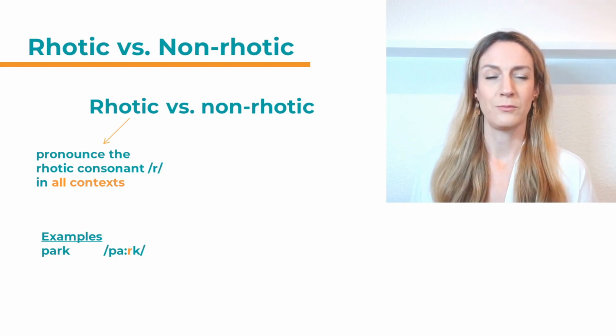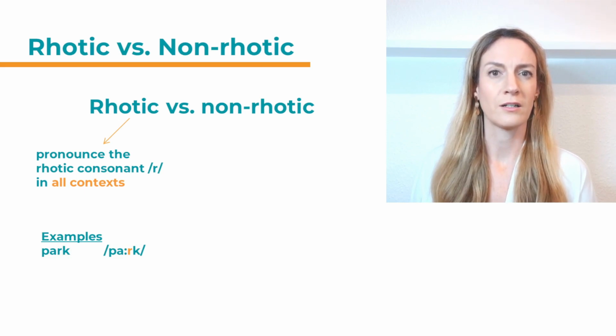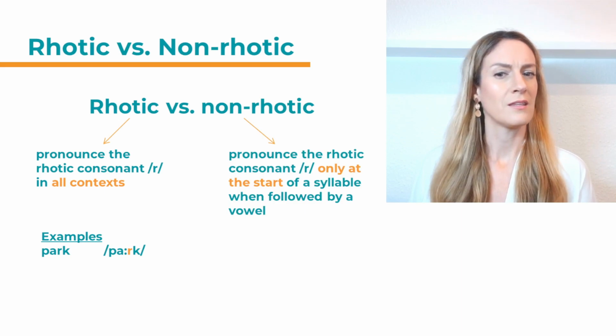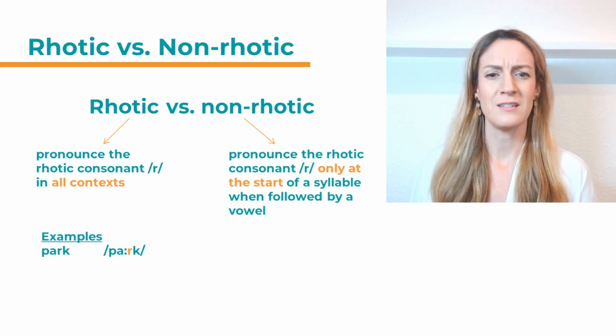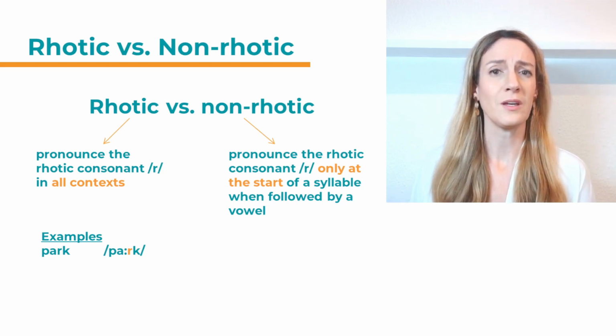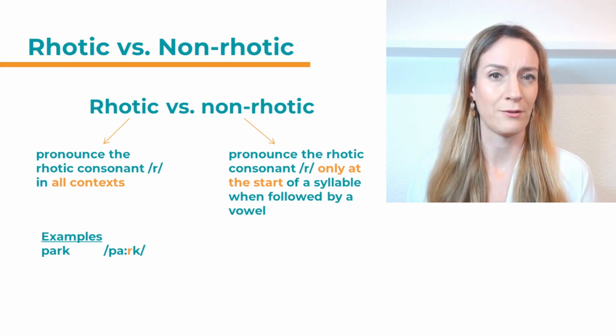For example, we have the word park, p-a-r-k, park. This word is now said with a rhotic accent. Non-rhotic means that the r consonant is not really pronounced, only at the start of a syllable when it is followed by a vowel sound.